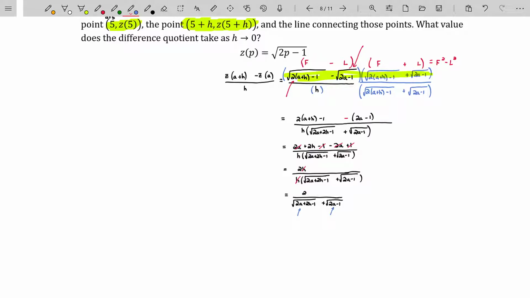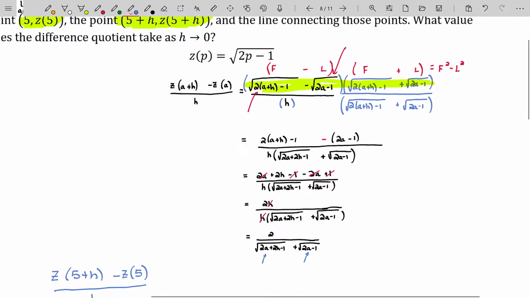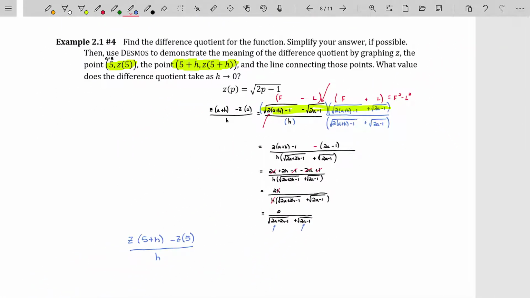Or sometimes they may even say something like, evaluate z of 5 plus h minus z of 5 all over h. They might do that too. It really is the same mathematics though. Instead of a's, you would have 5s, but it's all mathematically equivalent. Let's go ahead and hop over to Desmos to take a look at this.